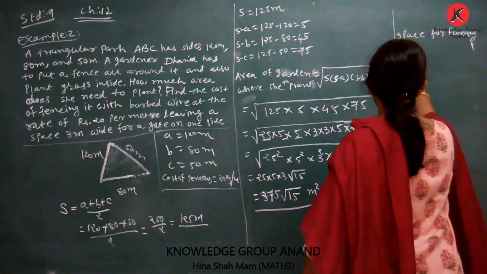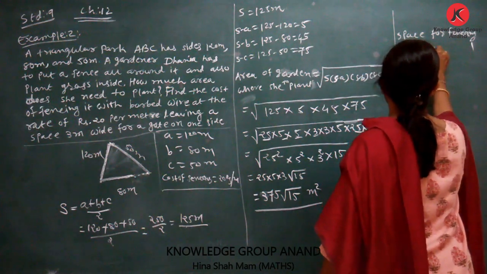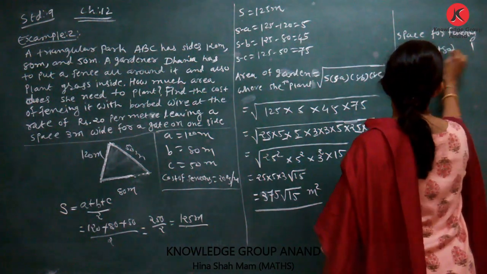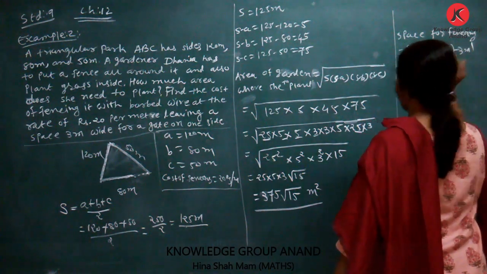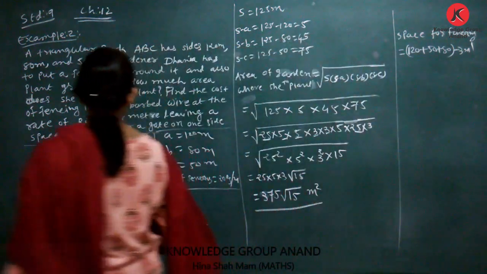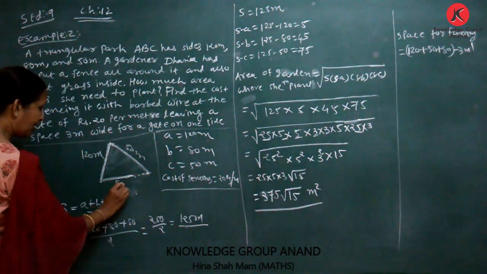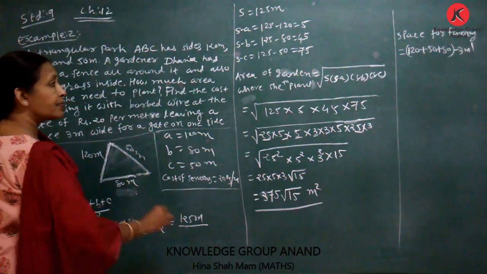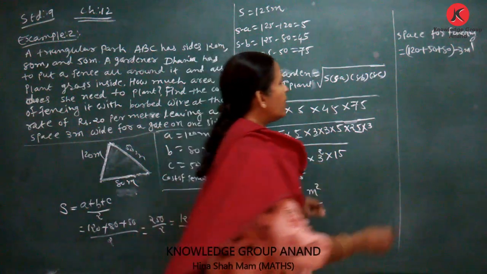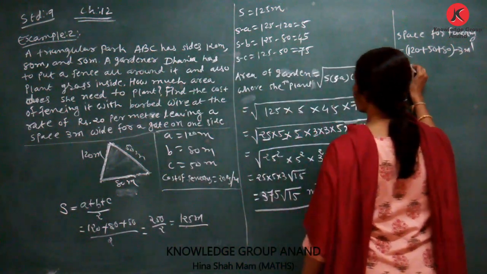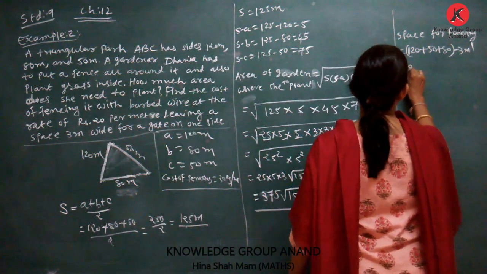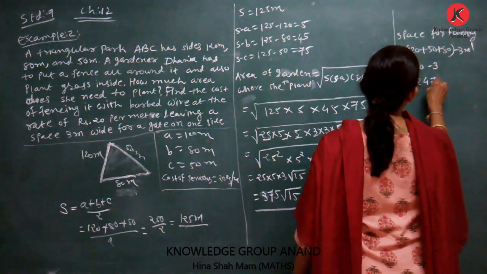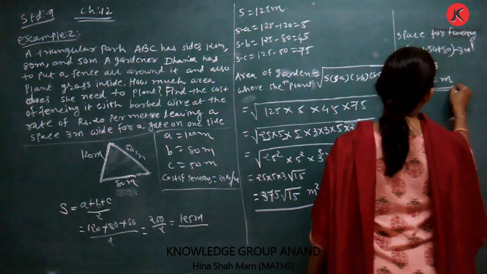Otherwise you can write 120 plus 50 plus 80 minus 3 meter. These 3 meters we subtract for the gate. Then it is 250 minus 3, which is 247 meters.